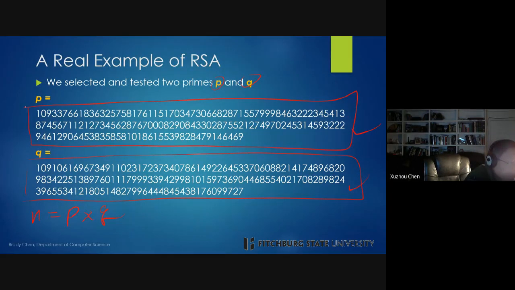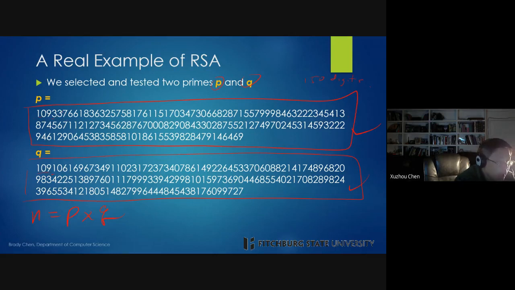Suppose P is this number. How many digits? You can count it. I think it's probably like 150 digits. And Q is this number. P and Q are different. The first three digits are the same, but the fourth one is different.